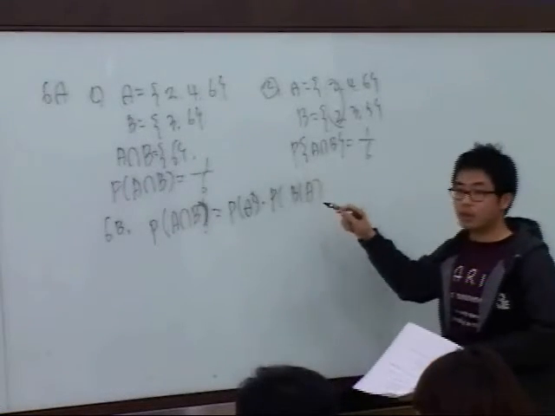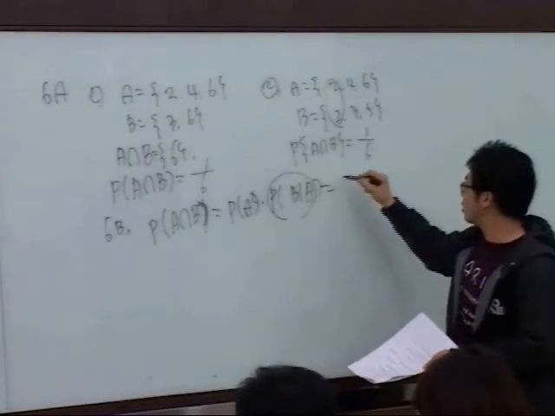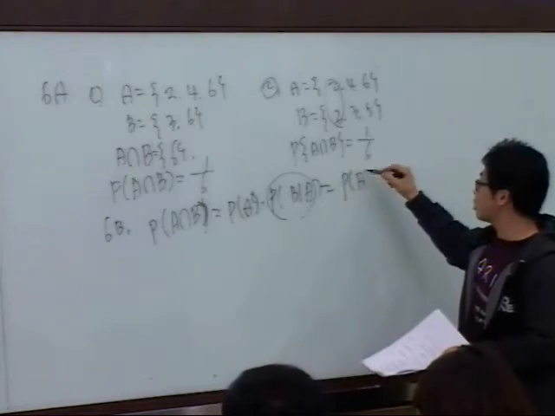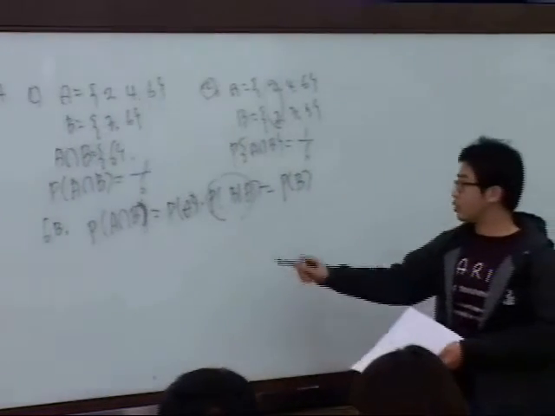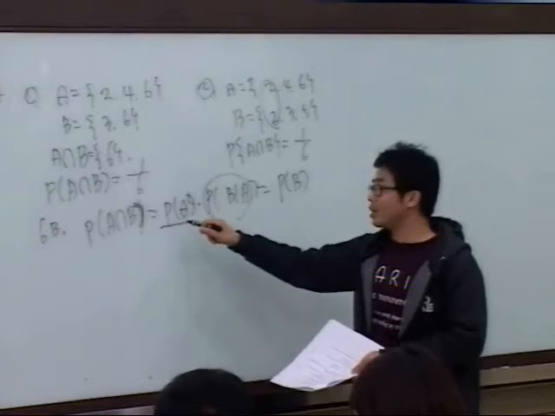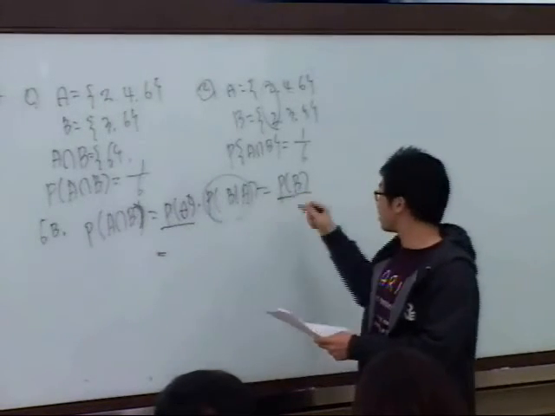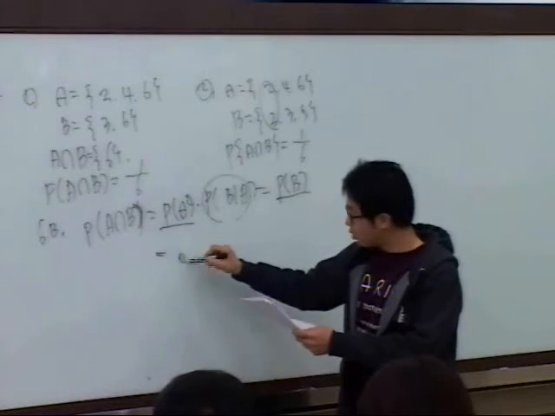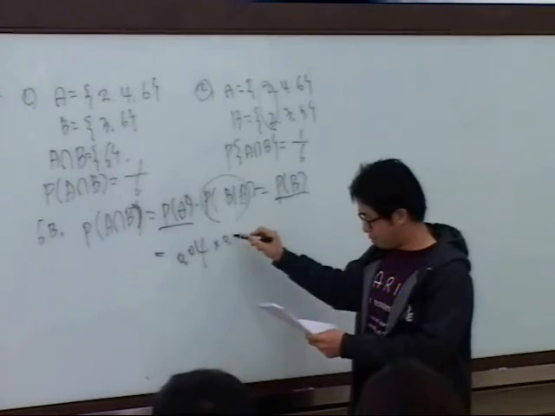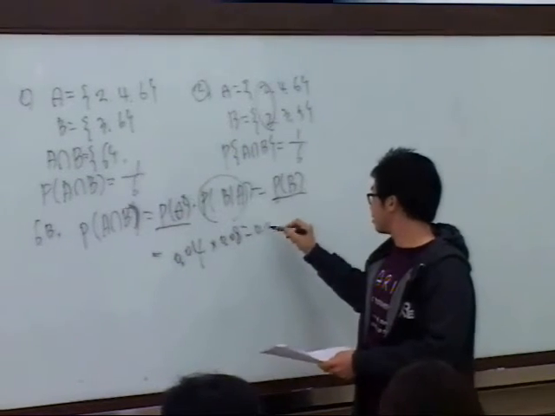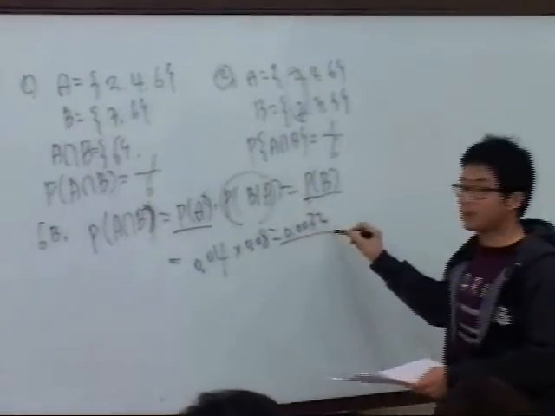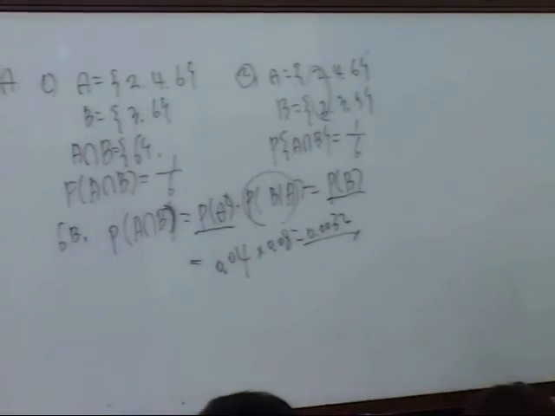But if the two events are independent, the equation is like this, because there is no relationship. So it is just the probability of event A times the probability of event B. This kind of problem is called a bonus problem.